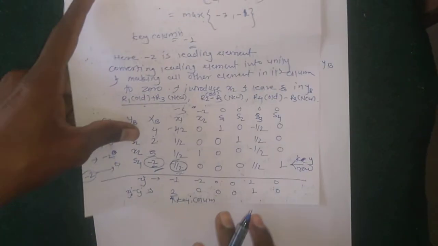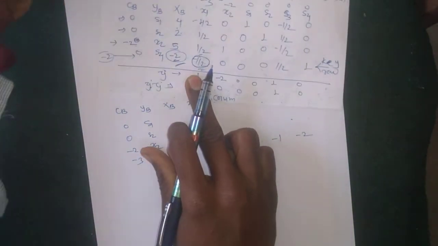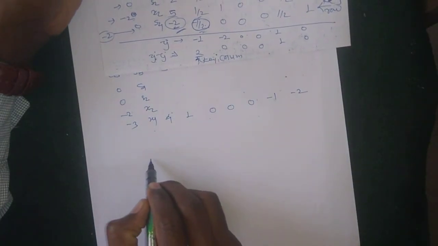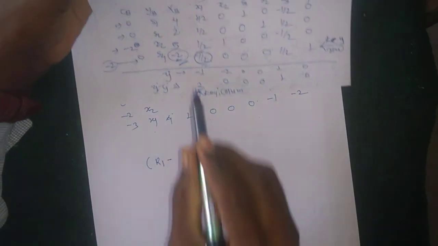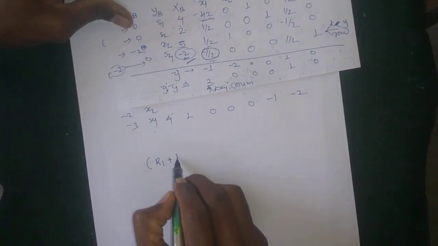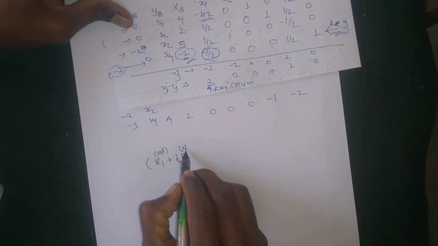This is a very large example. So the operations here are: first, R1 minus 1 by 2 R1 plus 1 by 2 R4, where R1 is old and R4 is new.